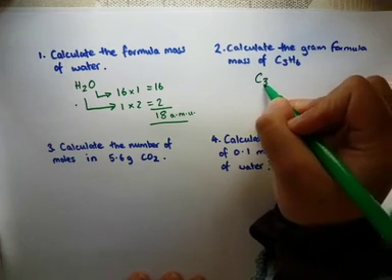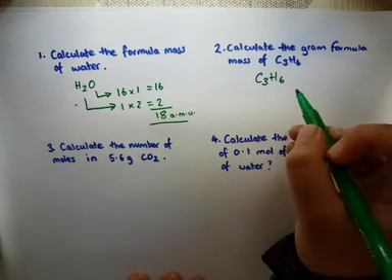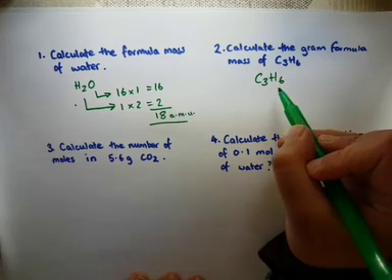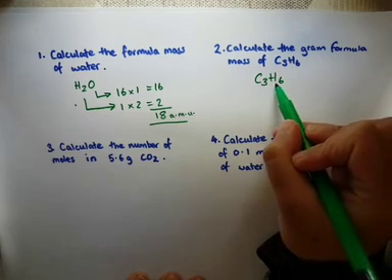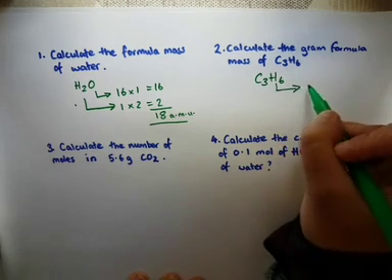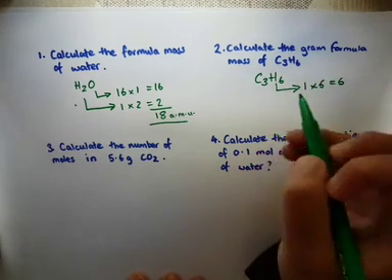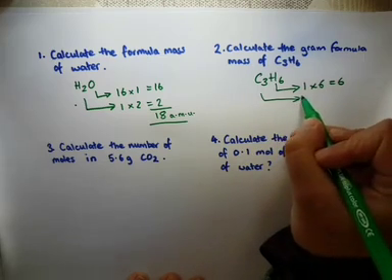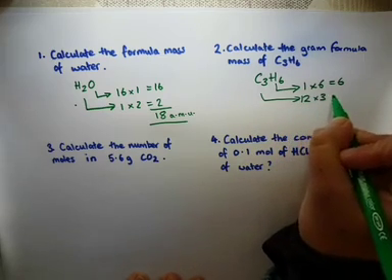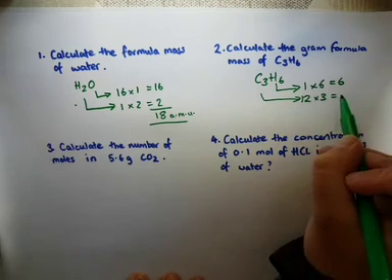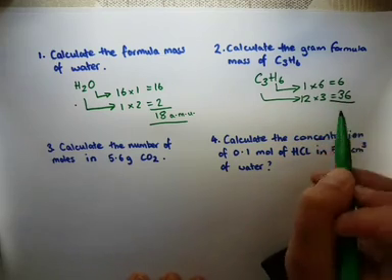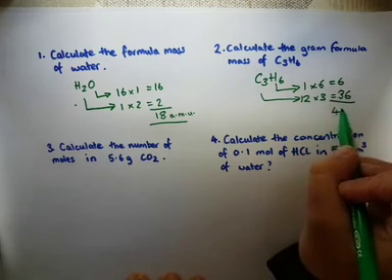So pretty simple, C3H6, again we need to use the relative atomic masses of each atom on page 7 of the data book. Hydrogen is 1, there's 6 of them, 1 times 6 is 6. Carbon has a relative atomic mass of 12, there's 3 of them, 12 times 3 is 36. 6 plus 36 is 42.